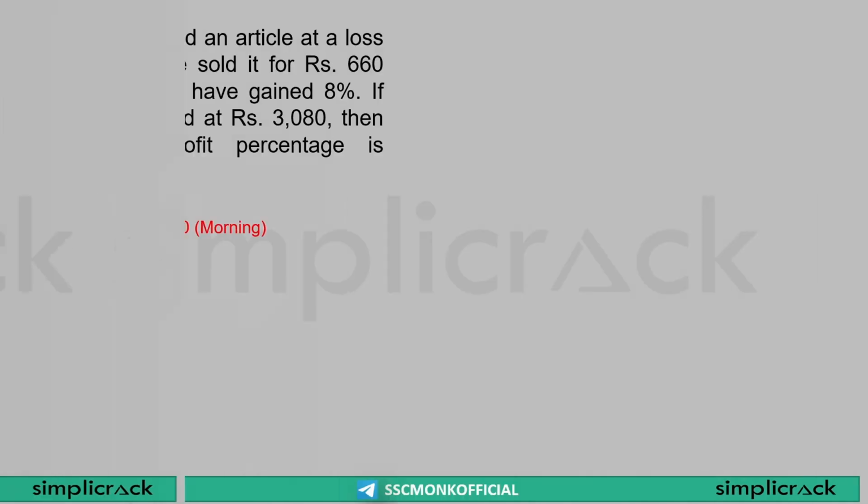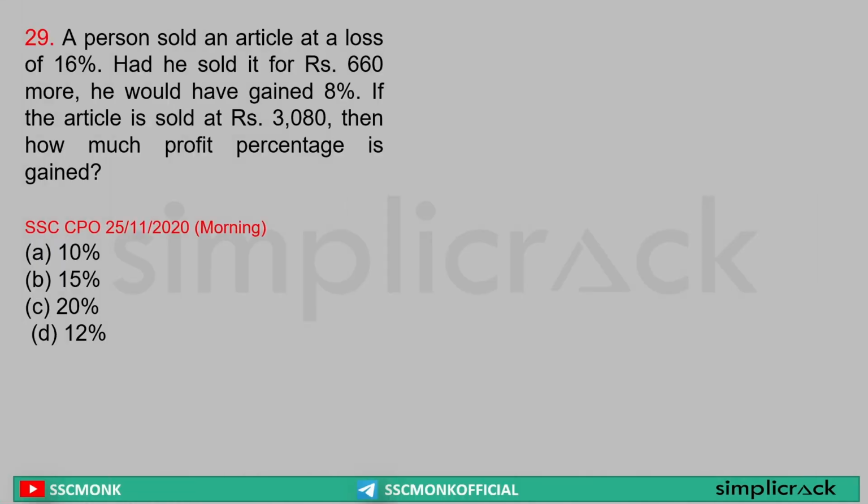Next. A person sold an article at a loss of 16%. Had he sold it for 6,660 more, he would have gained 8%. Sir, very simple. Here, cost price is equal to 1 loss, 1 profit, R more.